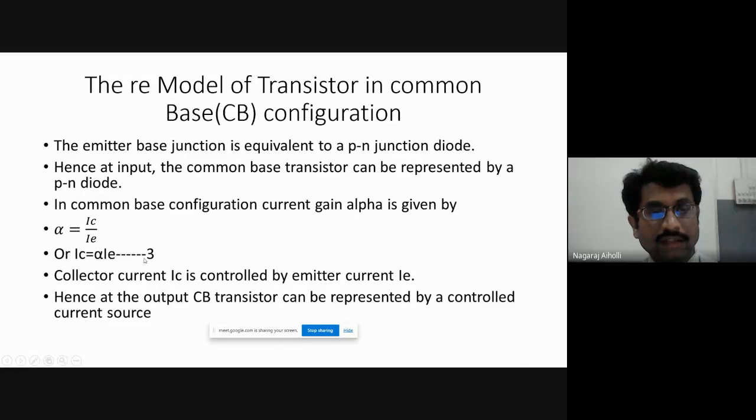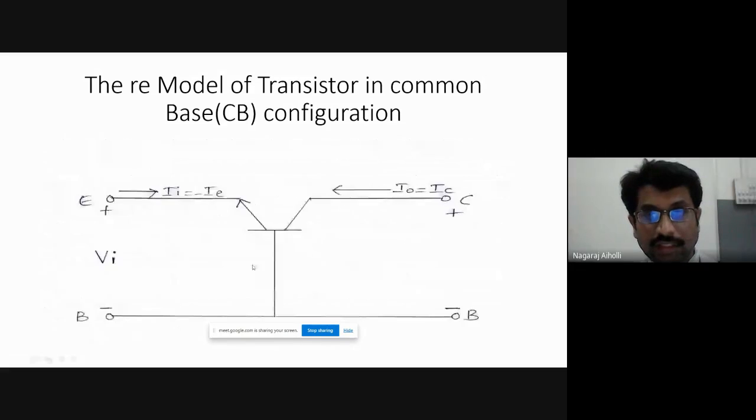Therefore, at the output side, the common base transistor is represented by a controlled current source. Here, at the output section between the collector and base, it is represented by a controlled current source. We know the meaning of controlled current source. It is the one which depends on the input current, on some other current. Such a current source we call a controlled current source.